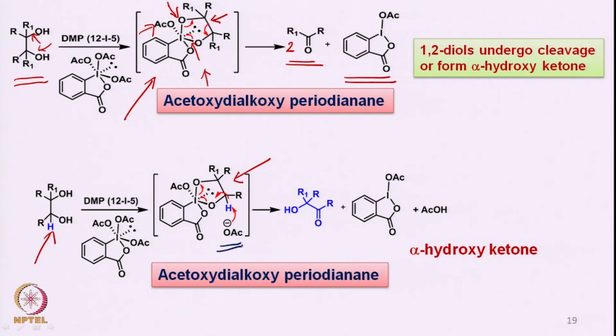This acetate ion which has come out in this reaction can take up the proton from here, and one can make alpha hydroxy ketone, and you generate the reduced species from the corresponding oxidizing agent. So, there is an easy way of converting into the alpha hydroxy ketone or a cleaved product.